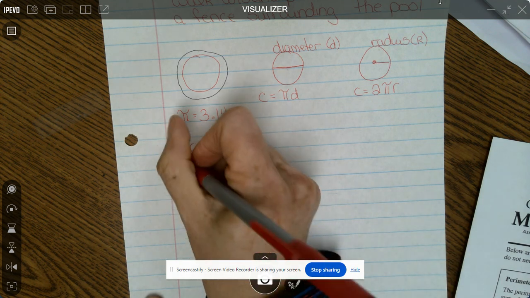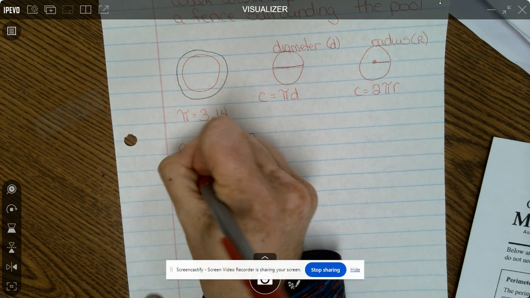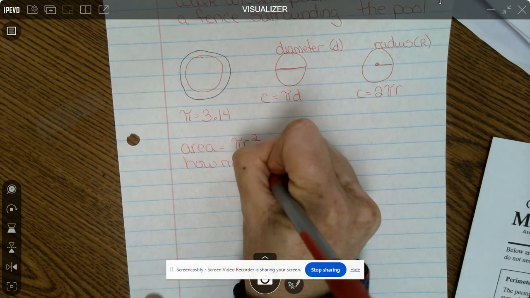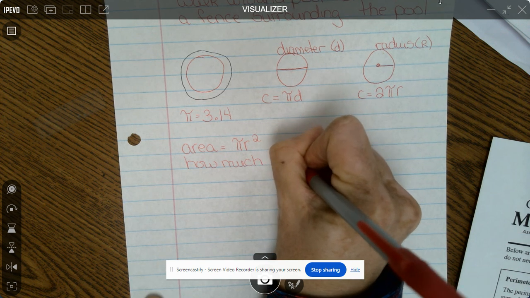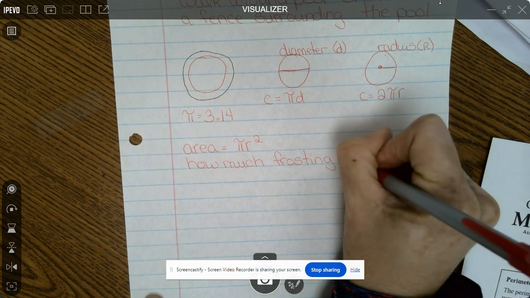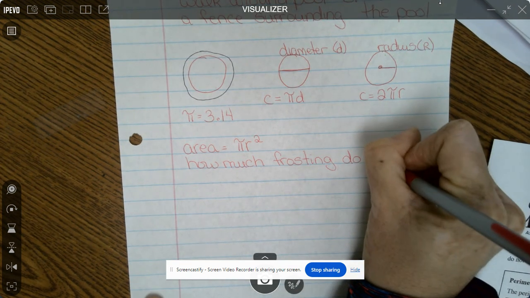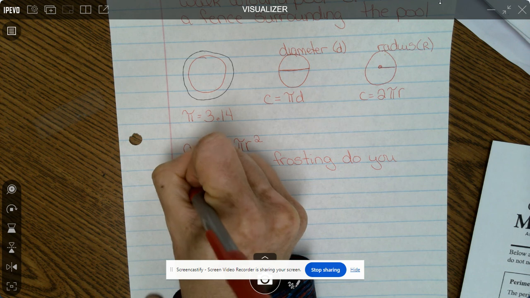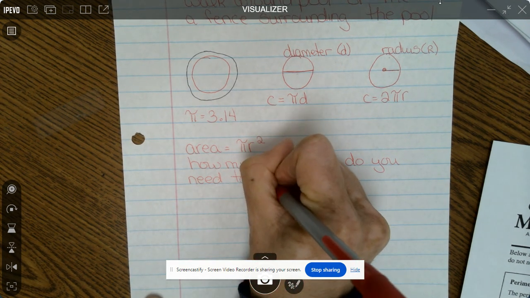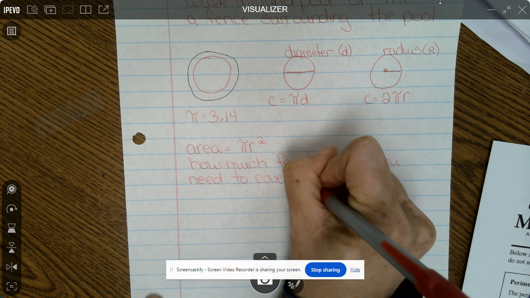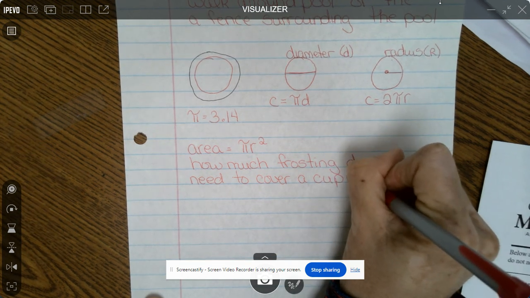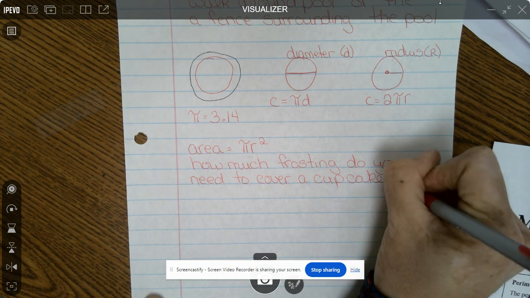So the example that I use is: how much frosting do you need to cover a cupcake? Or a cake.